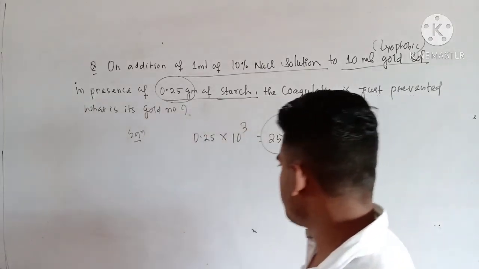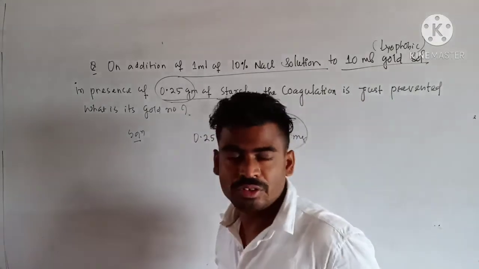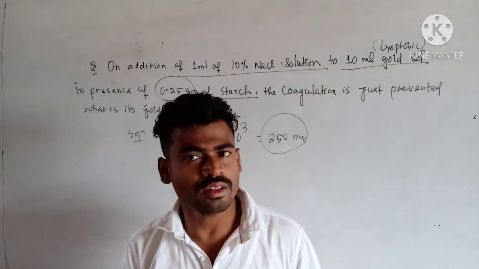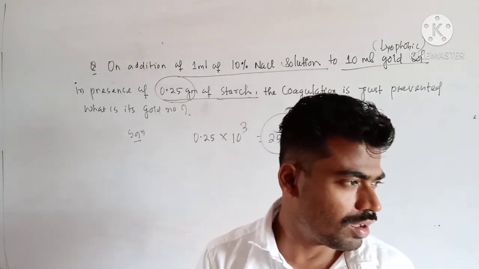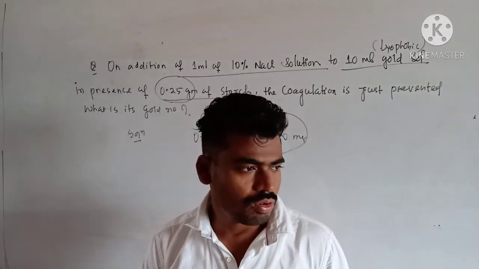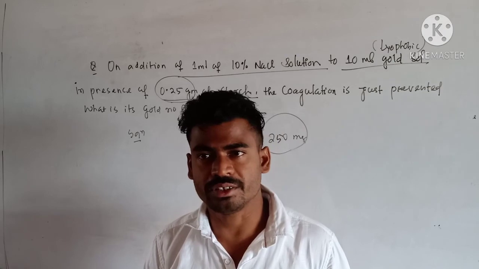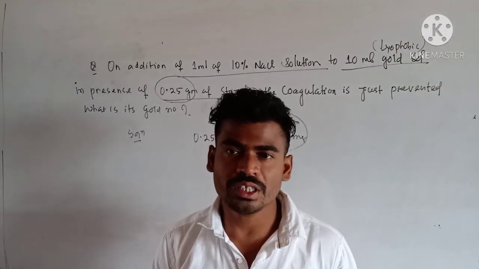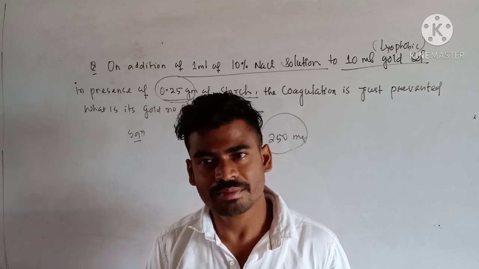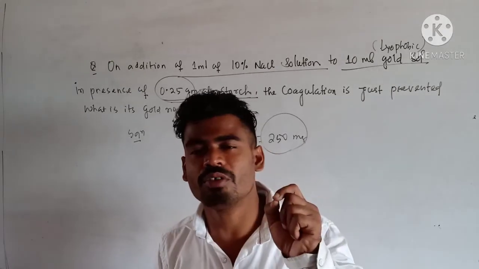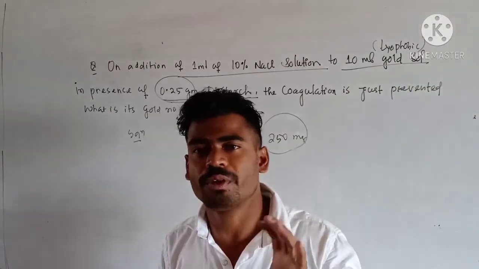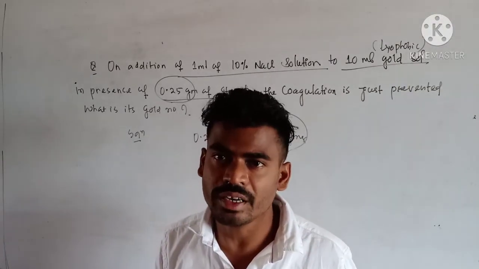Okay, and you just remember, suppose you need a certain amount of lyophilic solution to prevent the coagulation of 10 ml of a lyophobic one. So what is your expectation? If the gold number is more, then the protecting power will be less. Suppose you add a very little amount of lyophilic substance and that is enough to prevent the coagulation, that means it has more protecting power.